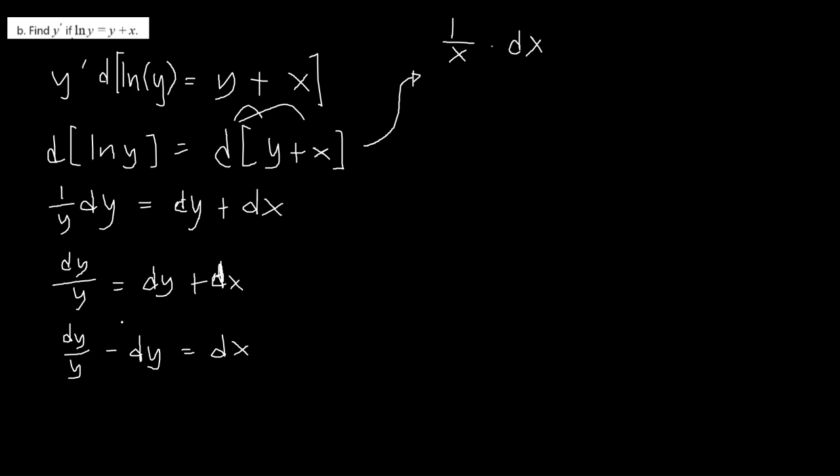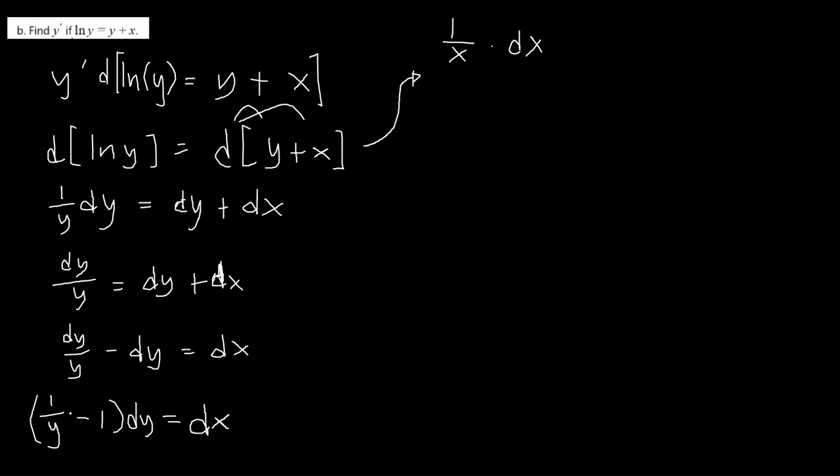Now that we have this, we can factor out dy. So this will become (1 over y minus 1) dy, and since we can't really factor anything on the right side, this will become dx.